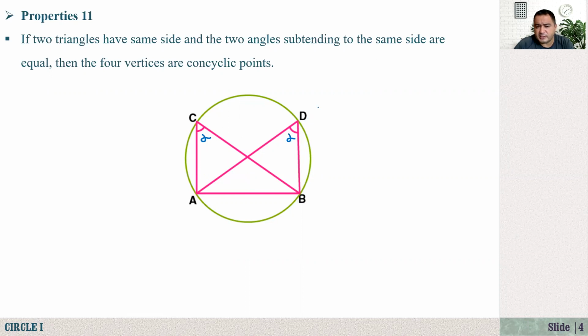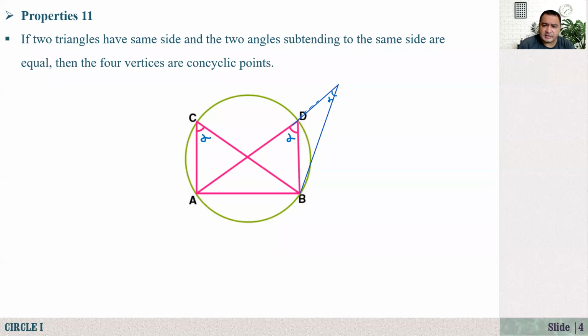Suppose that I just extend this line, something like this. When I extend this line, then this angle is the same as alpha.